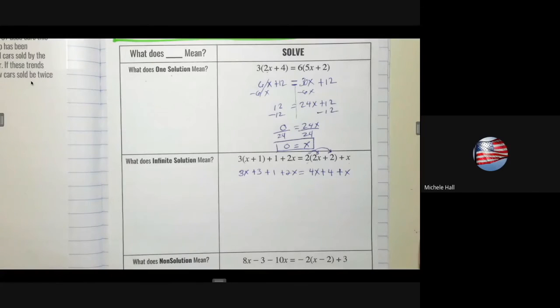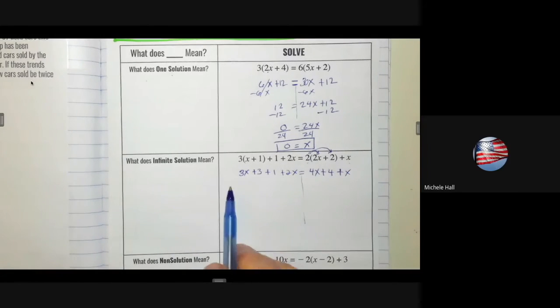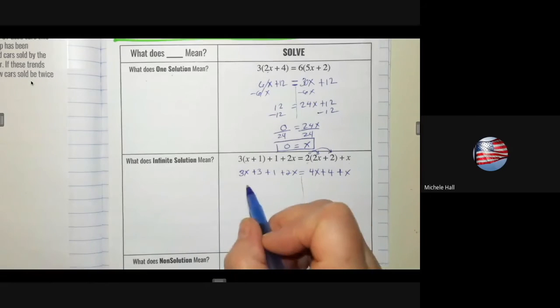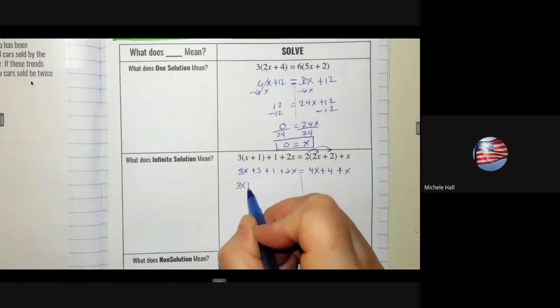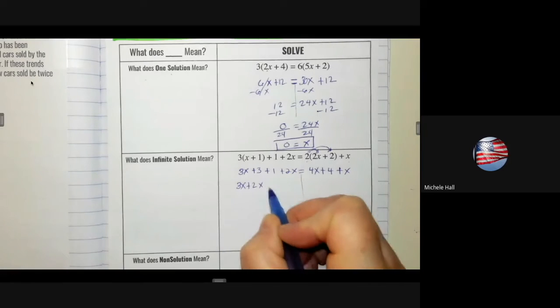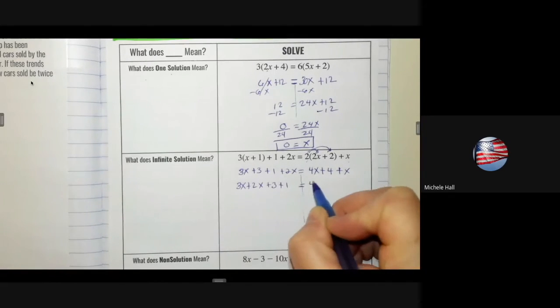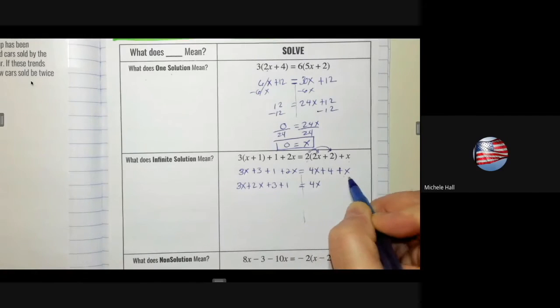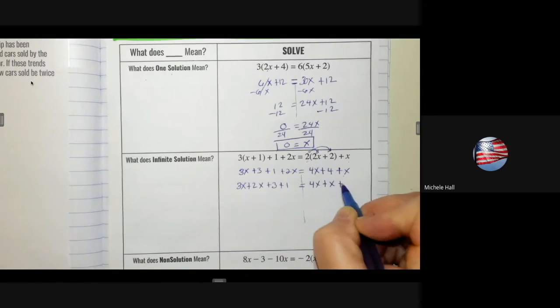Now I would like to simplify terms before I start shifting them on the equal sign. What can I add over here? I'm going to put my terms next to each other. So I have 3x, and then I have a positive 2x, positive 3, positive 1, equals 4x. I'm going to move this x, the commutative property, over next to the 4x, plus 4.